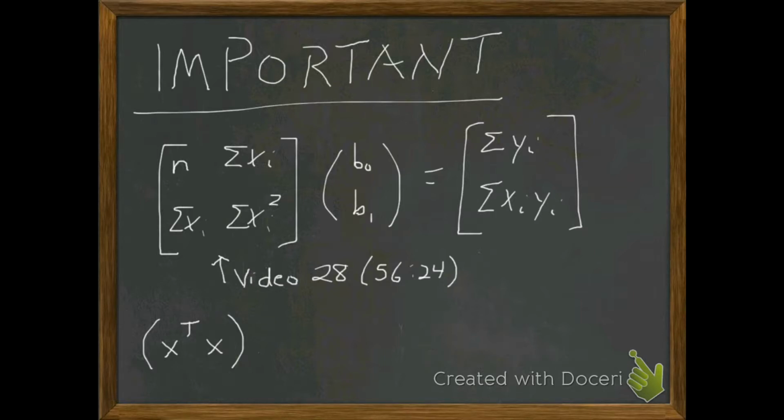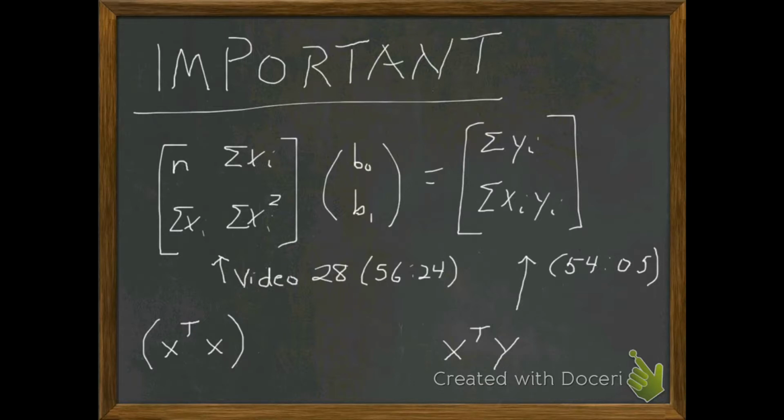Now, we also saw on that same video, video 28, and I went back and even looked at it, and this was at the 54. Now, you've got to admit, this is service. You guys should tip me. All right. So at 54:05, we saw that this matrix was X transpose times the Y vector, the response vector.